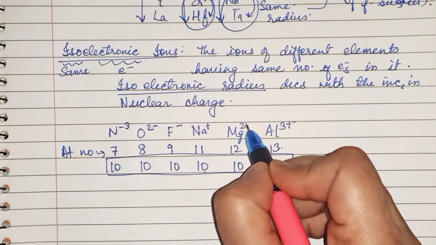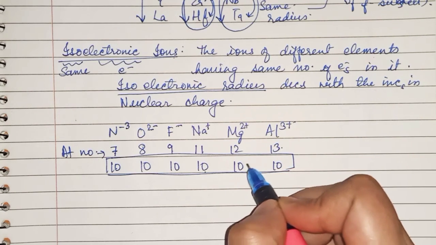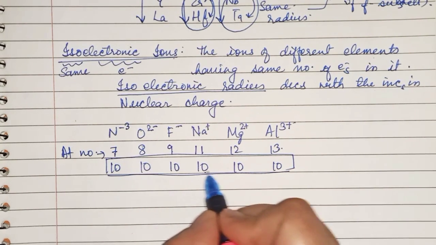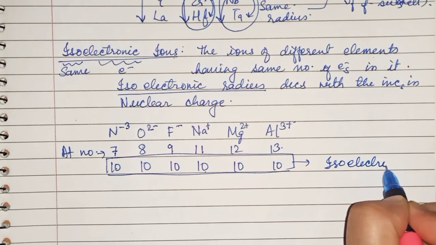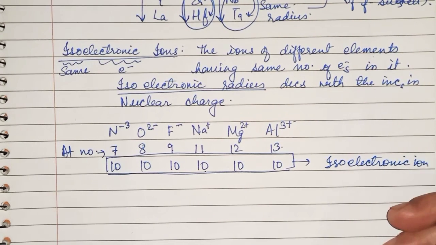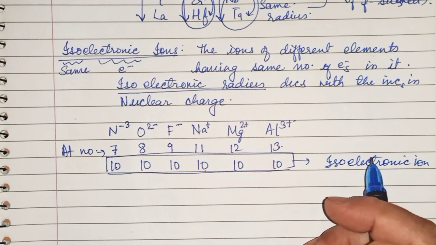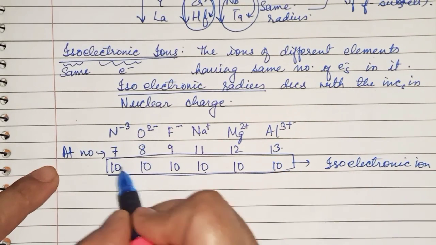Mg is 12, 2 plus is there, so you will subtract 2. So 10 you will get like this. So you can see that they all have 10 electrons, so they are isoelectronic ions.